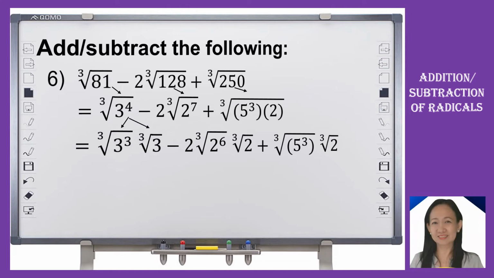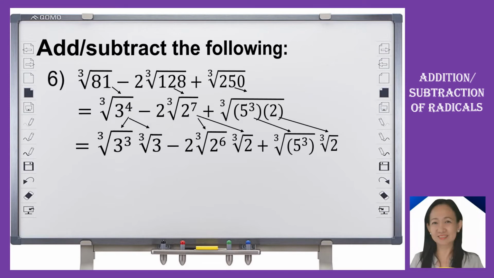Then negative 2 times the cube root of 2 raised to 7 is equal to negative 2 times the cube root of 2 raised to 6 times the cube root of 2. Then finally, the cube root of 5 cubed times 2 into the cube root of 5 cubed times the cube root of 2.